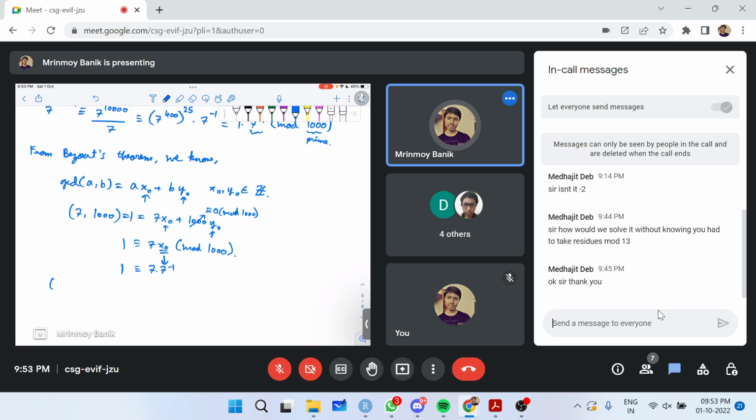So basically, what you do is you retrace the steps of finding the GCD. Like, you first use the fundamental theorem of arithmetic to say 1000 is equal to 7 times 142 plus 6. Correct?